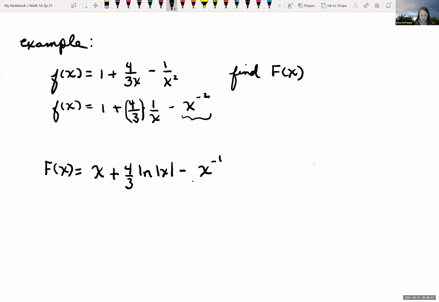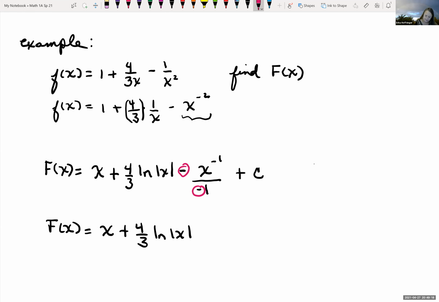And then I divide by my new exponent, -1. And then I need that plus c. So this is x plus 4/3 natural log of x. A negative and a negative, so I'm going to have a plus x to the -1 plus c.